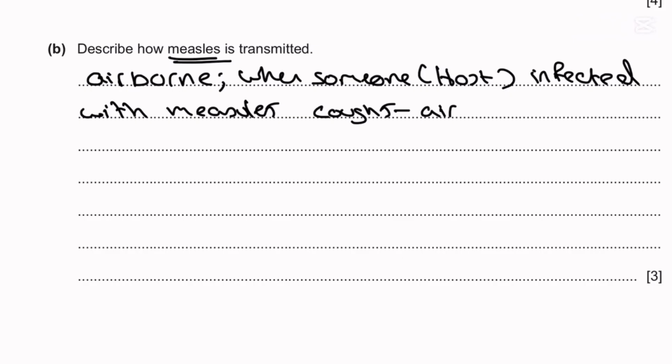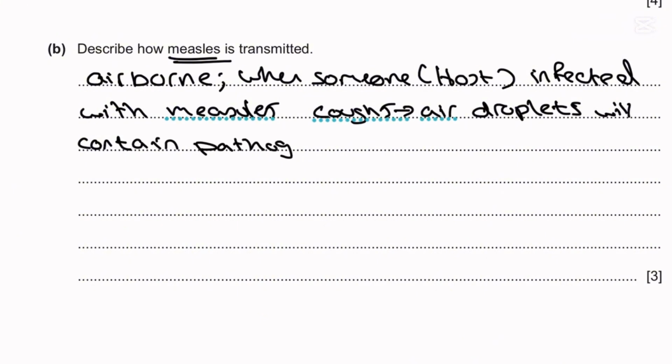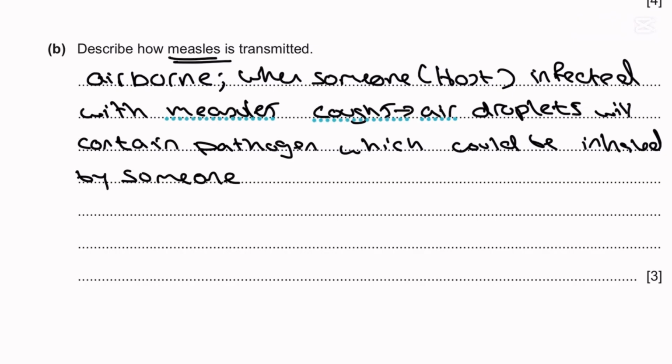Obviously when they cough, they will release air droplets which will contain the pathogen, which could be inhaled by someone else. And don't forget, it is a transmissible disease, so this is all it takes: a pathogen, a host, and someone to transmit the disease. Okay, so by someone else, and when inhaled, the measles goes into the system, and that's all it takes.